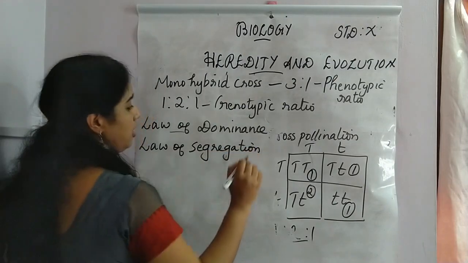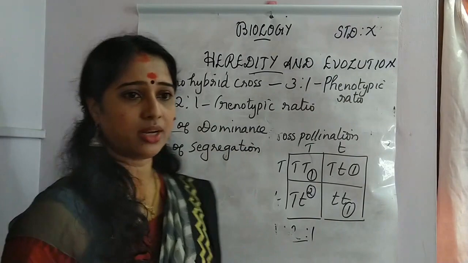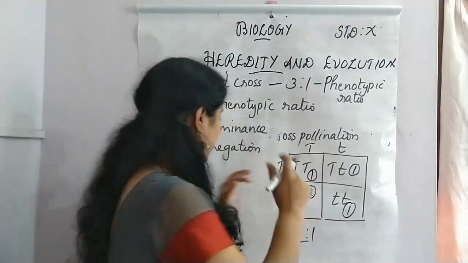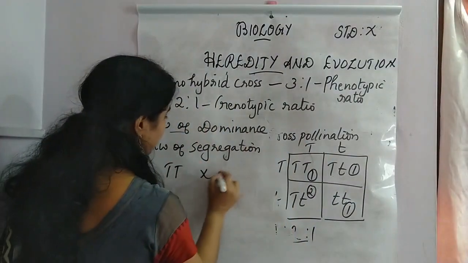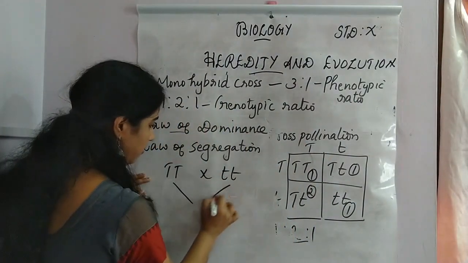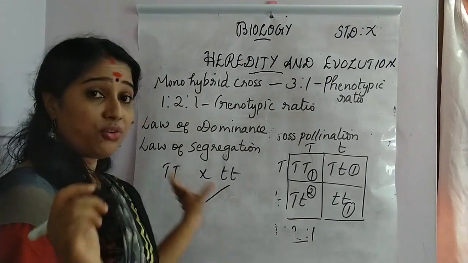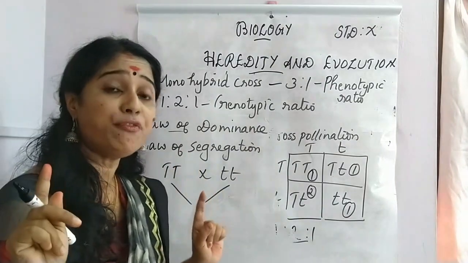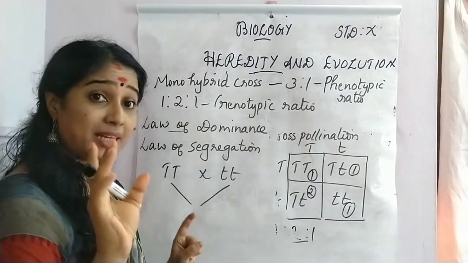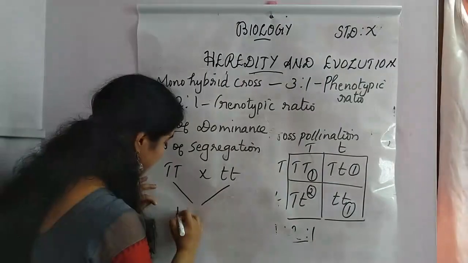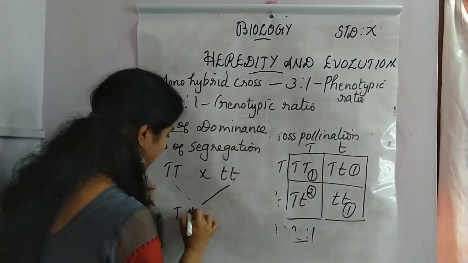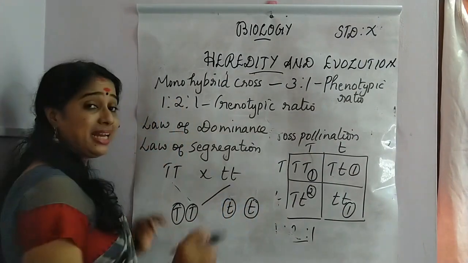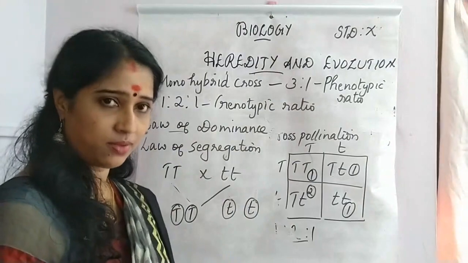You know what segregation is? It is separation. When a pair of contrasting characters are crossed, what happens? At the time of gamete formation, they separate to form two gametes. That is known as the law of segregation.